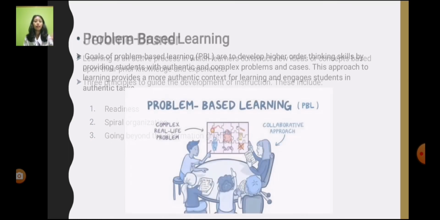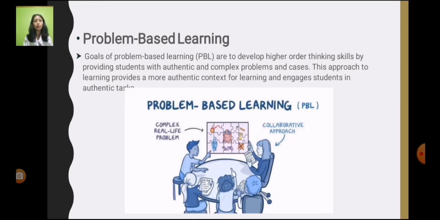Next is the theory of problem-based learning. It is a collaborative approach that builds on complex real-life problems in a professional setting. PBL is designed to teach students to teach themselves. The students gather information and figure out what they know and what the gaps in their knowledge are.